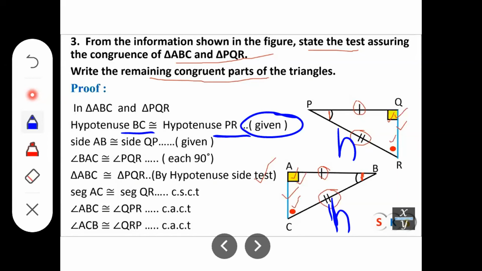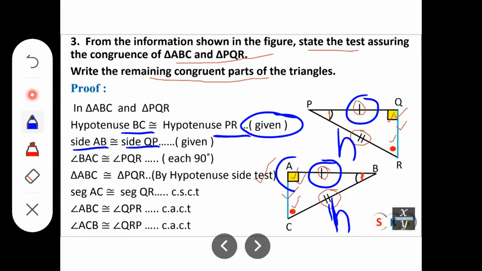Now, the side which is already marked here, segment AB, or you can also write side AB, is congruent to side QP. Why have they written QP?